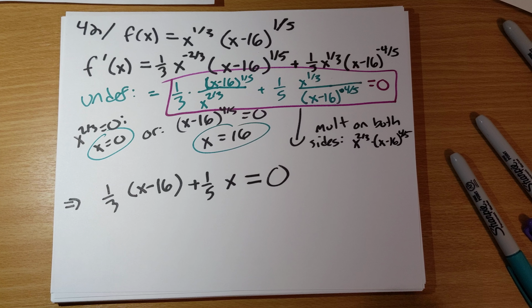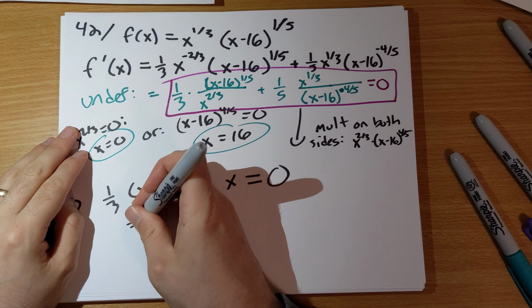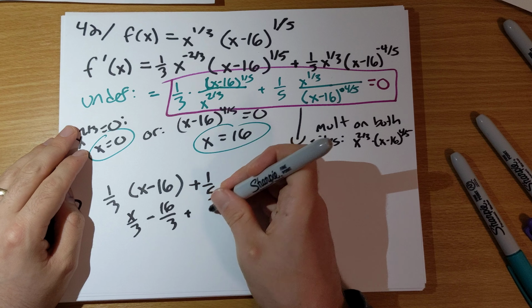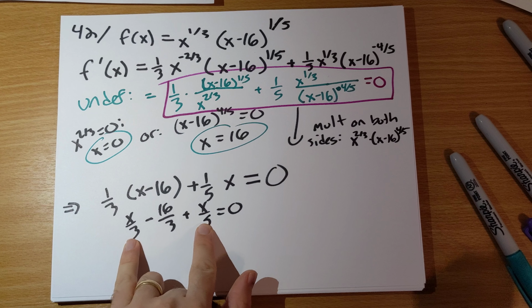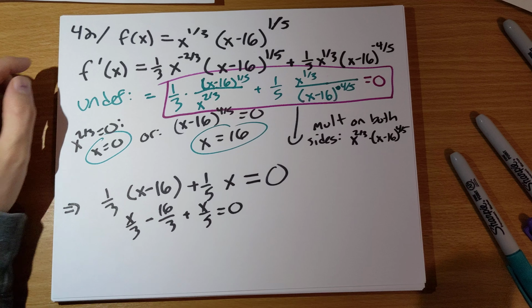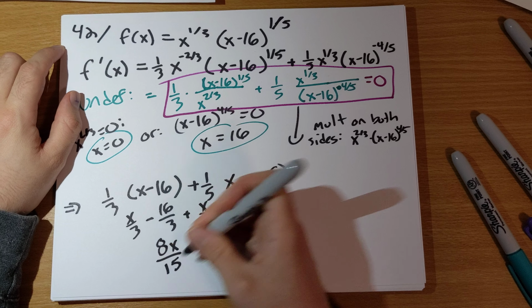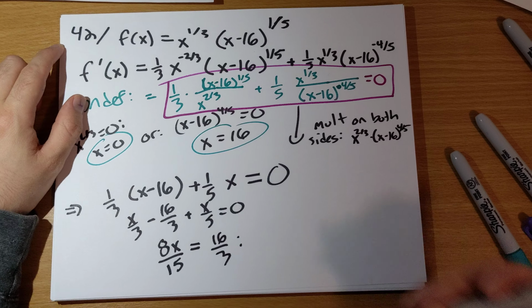And so here we have a relatively straightforward equation to solve. So x over 3 minus 16/3 plus x over 5 is equal to 0. x over 3 plus x over 5 should be 8x over 15, which is equal to 16 over 3.